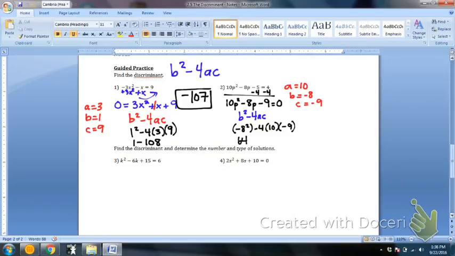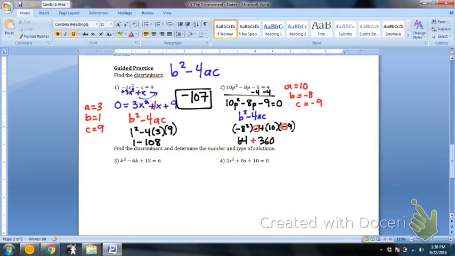Remember, you have a negative and a negative here, so that means that this problem is going to be a positive. And then 4 times 10 is 40. What's 40 times 9? 360. So if my math serves me correct, 424?